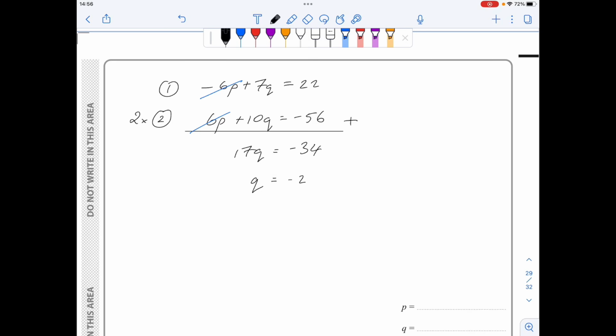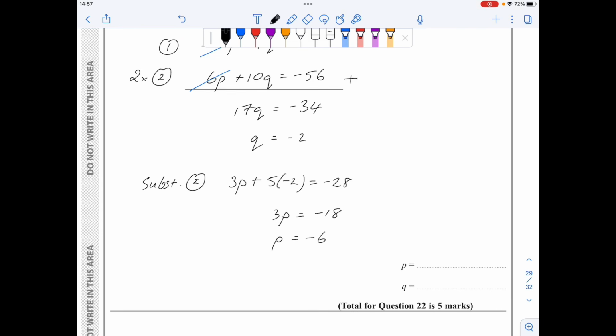Q is equal to minus 2, and if I substitute in equation 2, I will get 3P plus 5 times minus 2 is equal to minus 28. So 3P is equal to minus 18. P comes out to be minus 6. So minus 6 and minus 2 are the two final solutions.